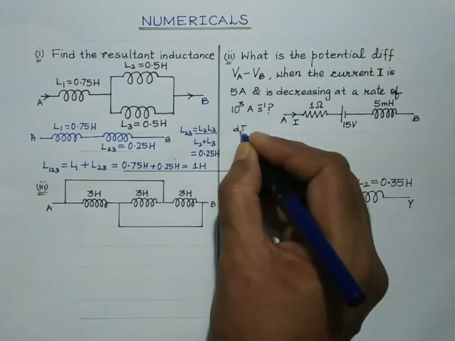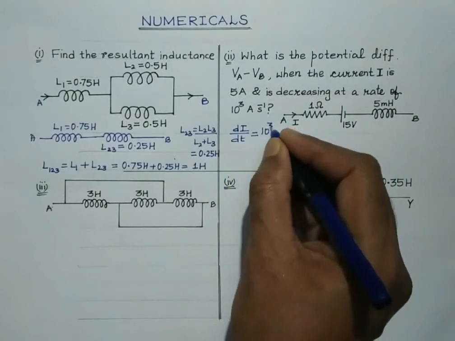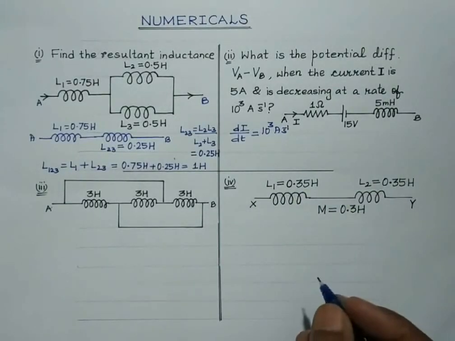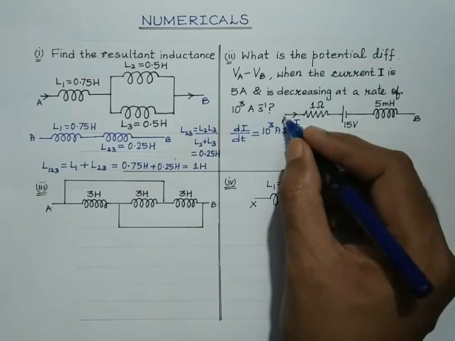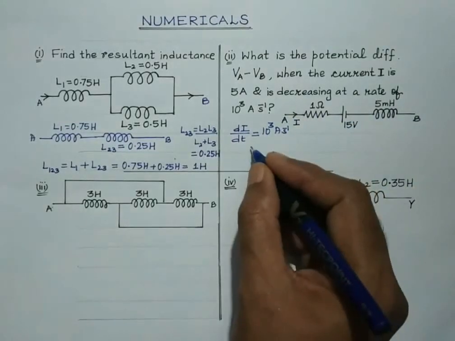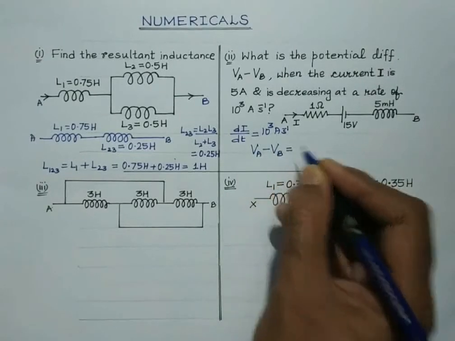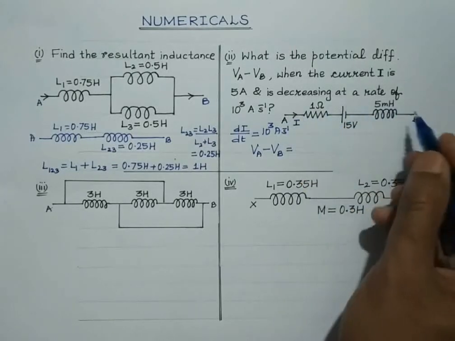So the rate of change of current di by dt is given to be 10 raised to power 3 ampere per second, right? So current is flowing from A to B. So the potential difference between the points A and B is given by VA minus VB, right?